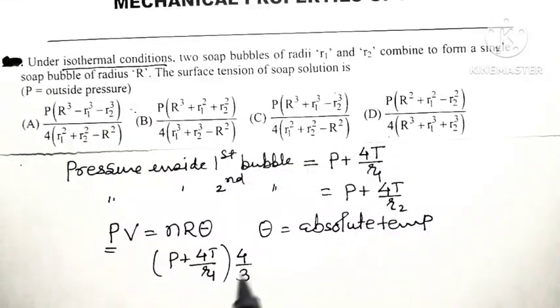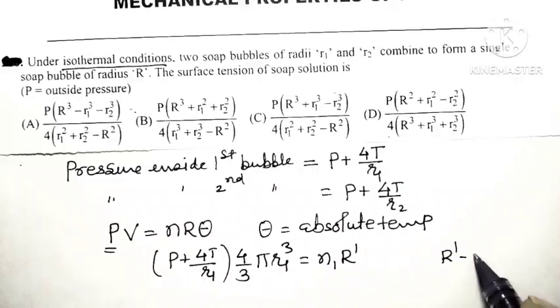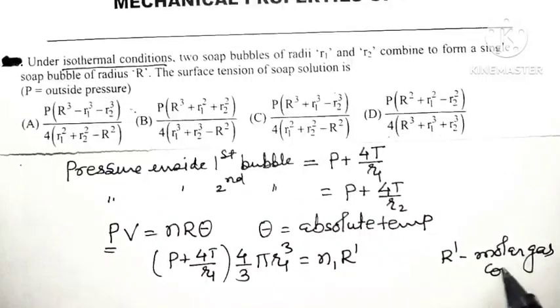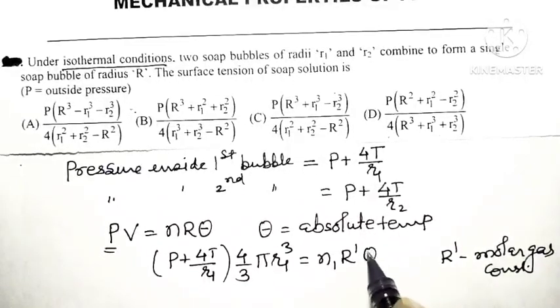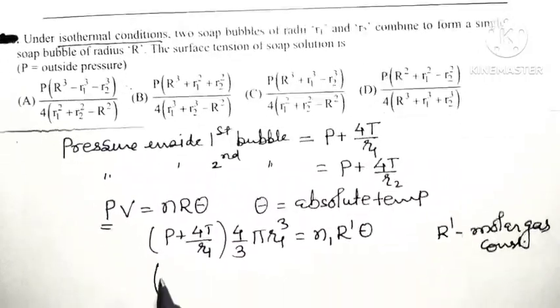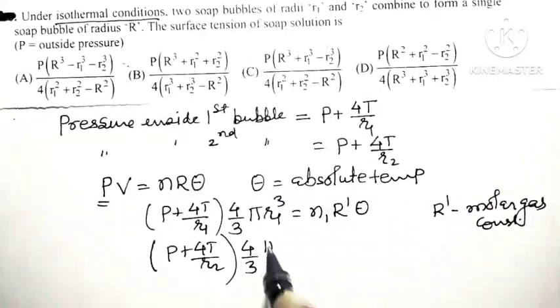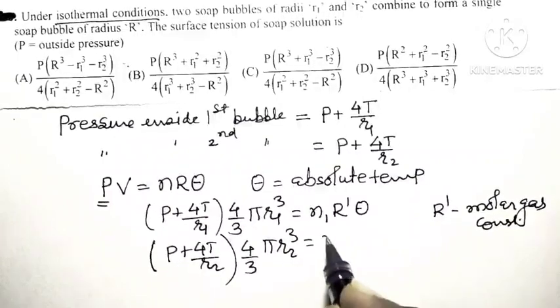It is 4 by 3 pi R1 cube, and that is equal to N1 into R dash into theta, where R dash represents the molar gas constant. For the second droplet, P plus 4T divided by R2 into the volume of the second droplet, 4 by 3 pi R2 cube, is equal to N2 into R dash into theta.